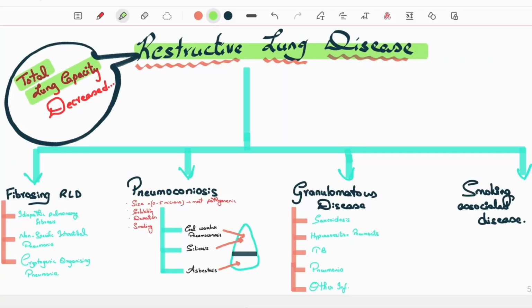These restrictive lung diseases will lead to a decrease in the total lung capacity. The normal total lung capacity is 6 liters, but in these restrictive lung diseases, the lung capacity decreases. These are divided into 4 types: fibrosing restrictive lung disease, pneumoconiosis, granulomatous disease, and the smoking associated diseases.